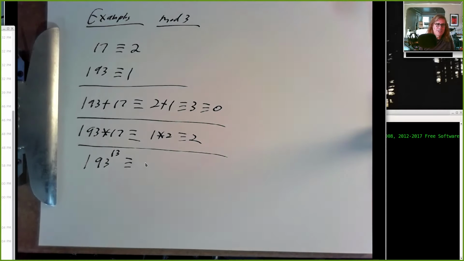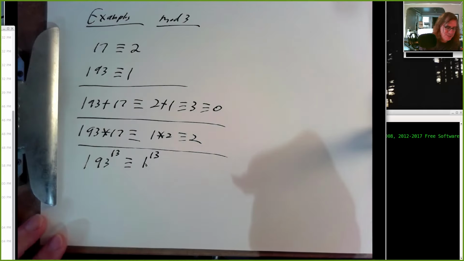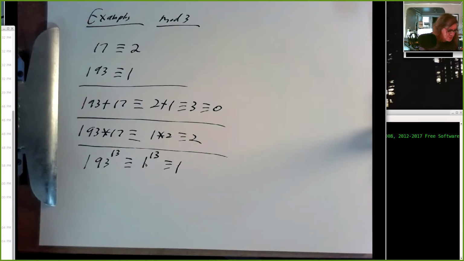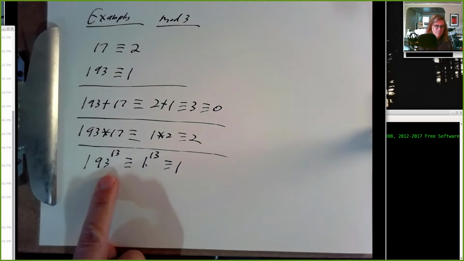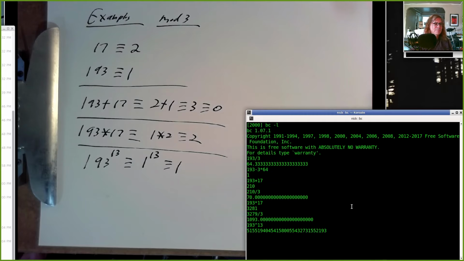So 193 to the 13th is going to be congruent to 1 to the 13th, which is just 1. So I know this big number is 1 more than a multiple of 3. So if I take this number, subtract 1, and divide it by 3, it's a perfect multiple, which is an integer.